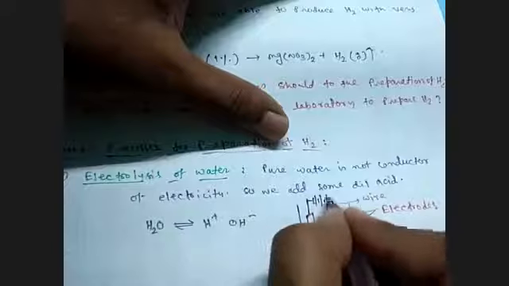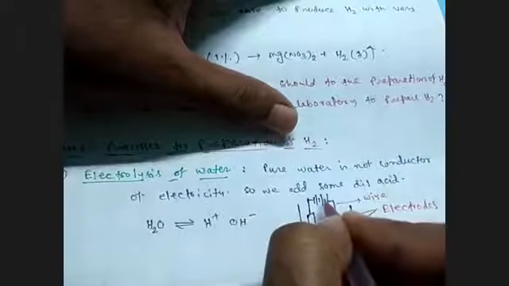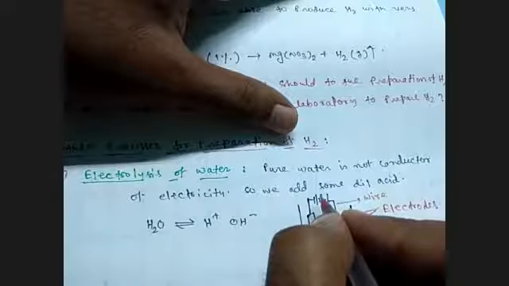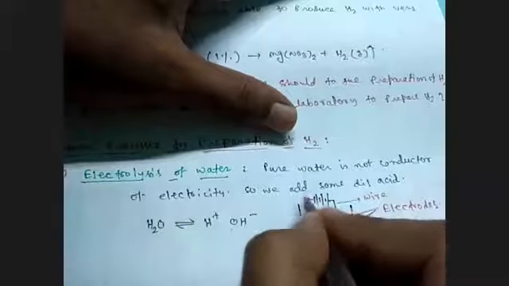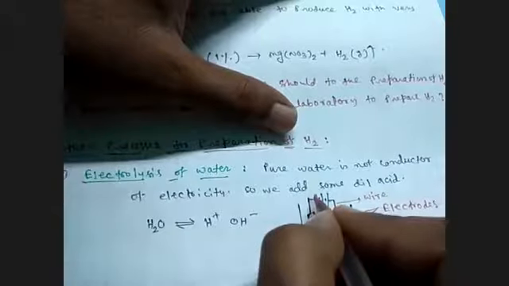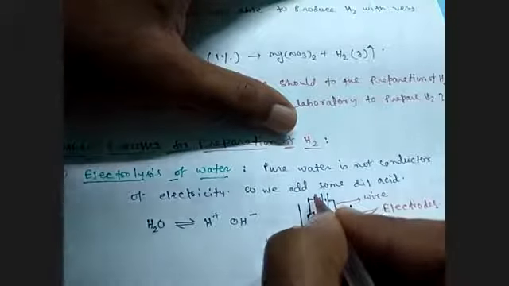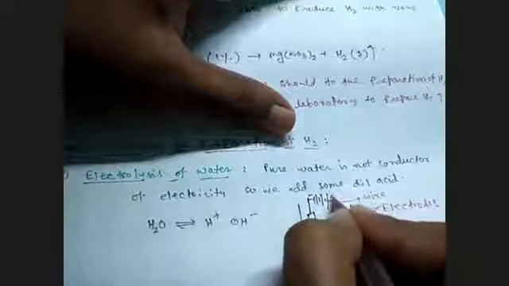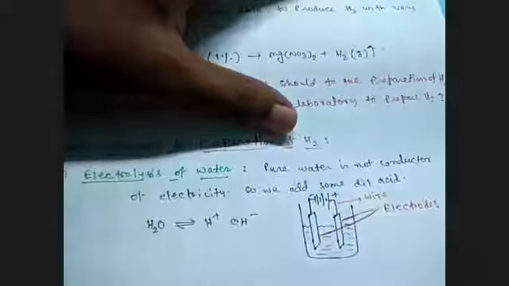Here this is the electric wire, and this is the battery. Which one is negative and which one is positive? Sir, the small one is negative. The small one is negative, the longer one is positive.